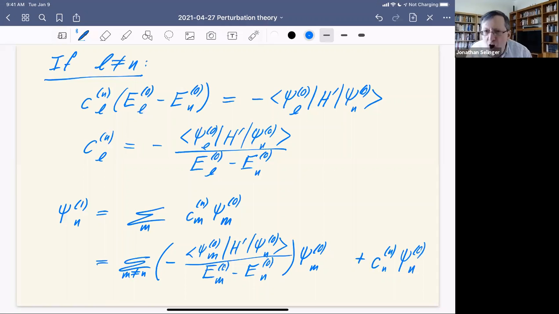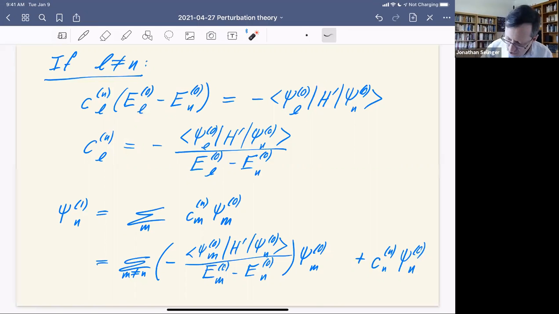So we're almost done with figuring out the correction to the wave function. We just need to find one more of those C coefficients. We need to find this remaining guy. The trick to finding that guy is that we need this wave function to be normalized.